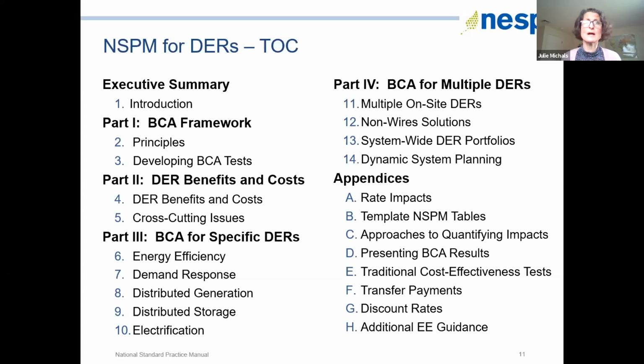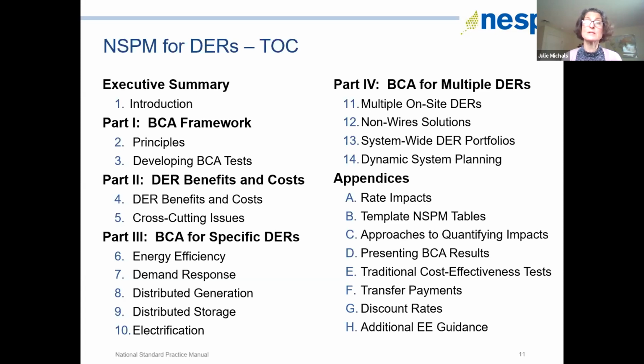And then part 2 lays out the whole universe, if you will, of different DER benefits and costs and key cross-cutting issues to consider in BCA analysis. So that's kind of a lookup section of what the different benefits and costs are and how they are defined. None of this is telling you what to include or not include. Part 2 is what you should be aware of in terms of the range of impacts to consider.